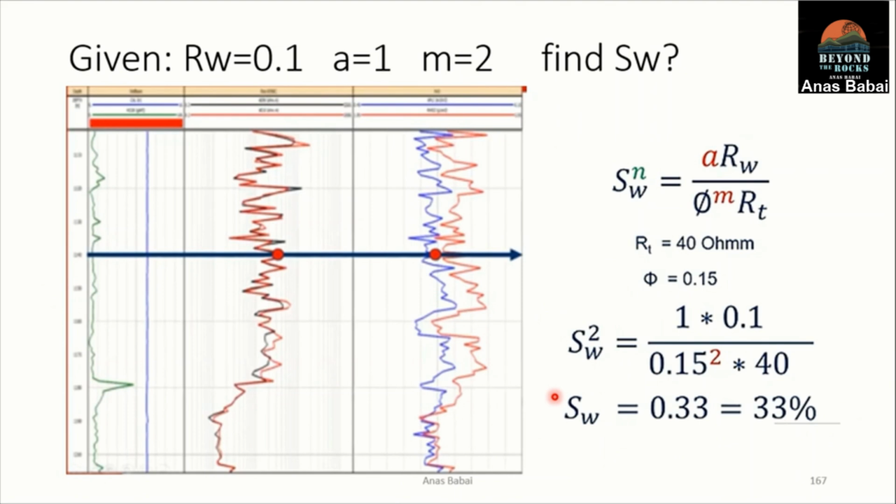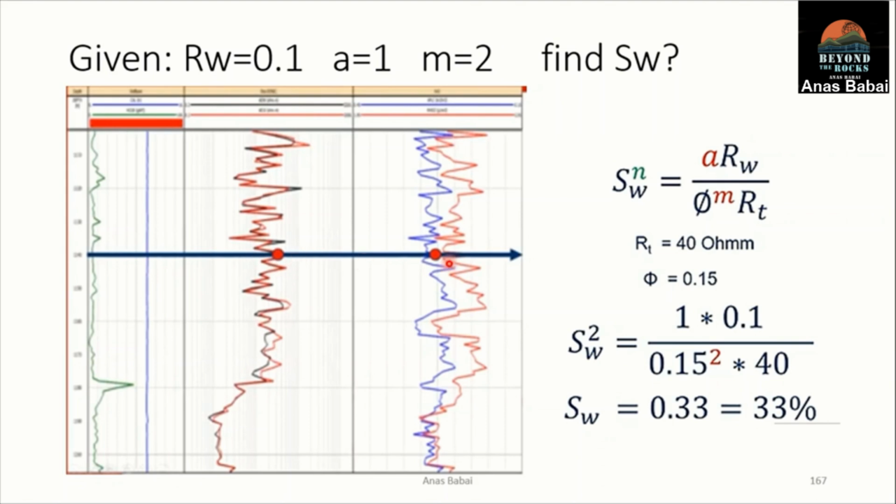Now let's see an example for that. If you are given that RW is equal to 0.1, a equal to 1, and m equal to 2, find the water saturation. This is our equation. RT is 14 and the porosity is 0.5. From where do we get these?